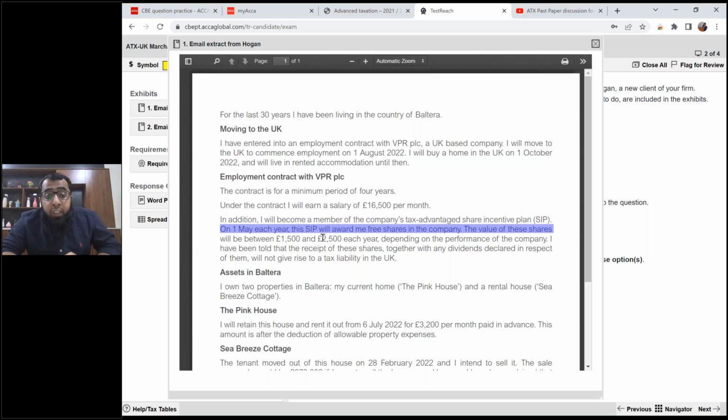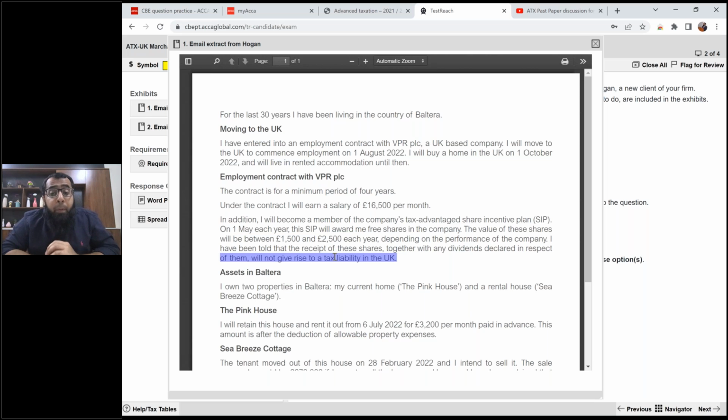The value of these shares will be between £1,500 and £2,500 each year, depending on the performance of the company. I have been told that the receipt of these shares together with any dividends declared in respect of them will not give rise to a tax liability in the UK.